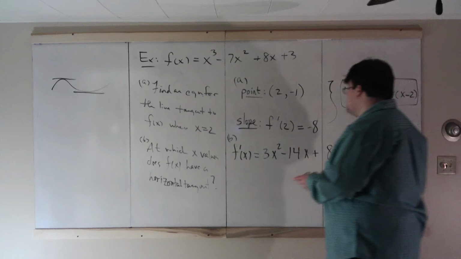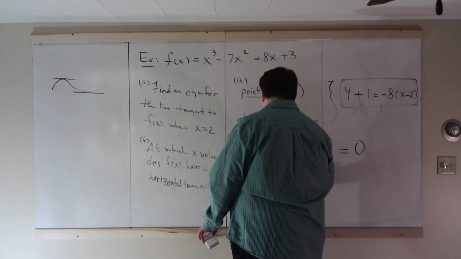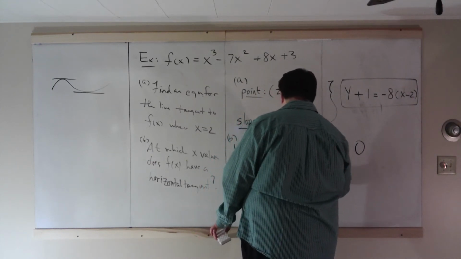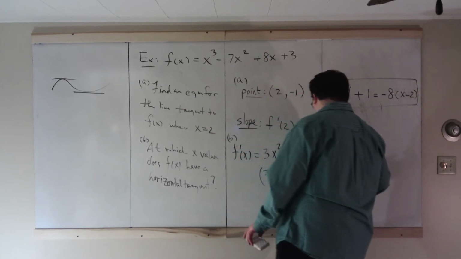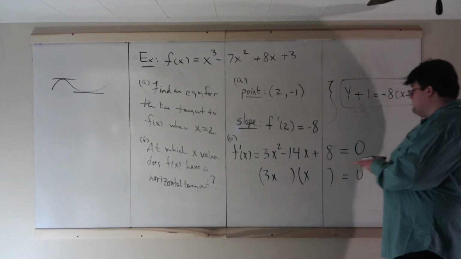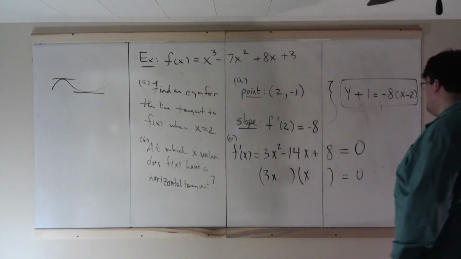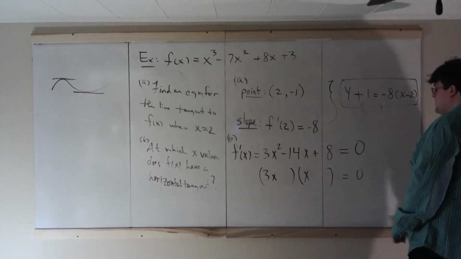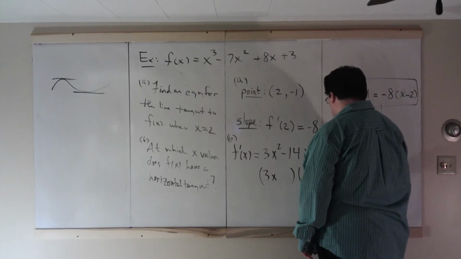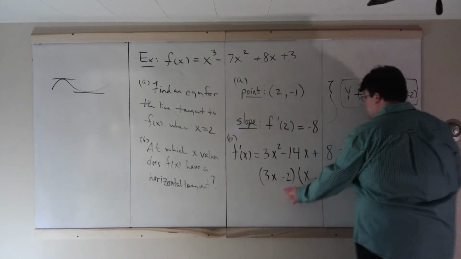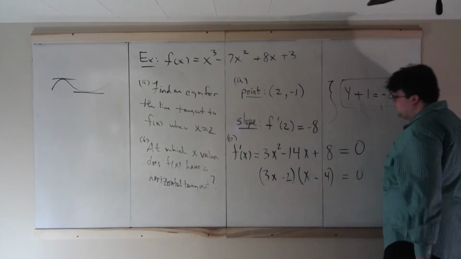And, well, how does this factor? We need an 8 and a negative 14, so 4 and 2 make 8. Negative 2 and negative 12 make negative 14.